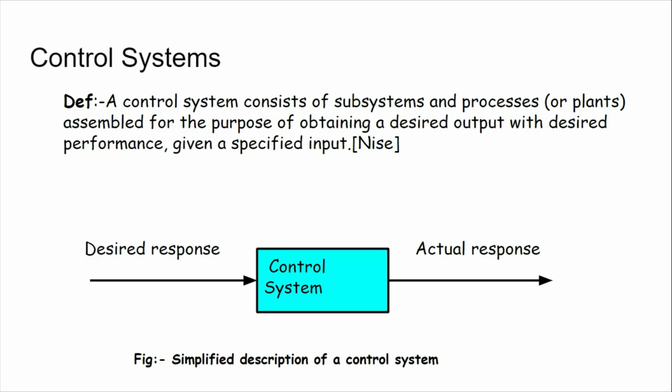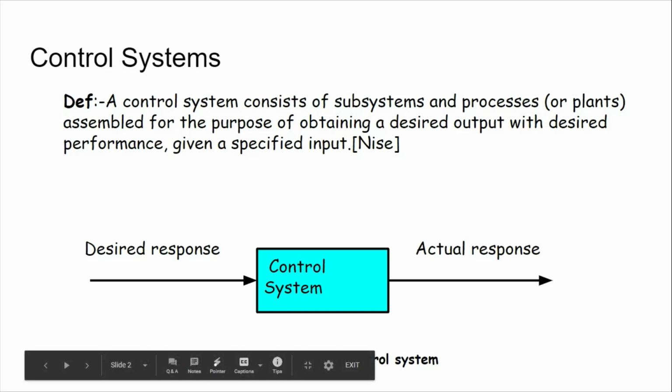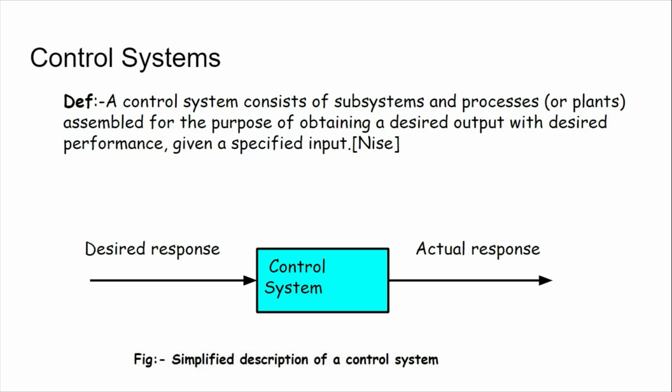Now, if the difference between the actual response and the desired response is large, then we say that the performance of control system is bad. And if the difference between the actual response and the desired response is small, then we say that the performance is good.